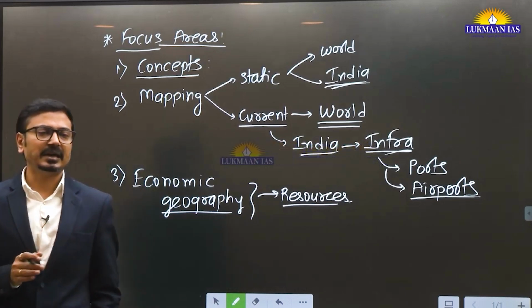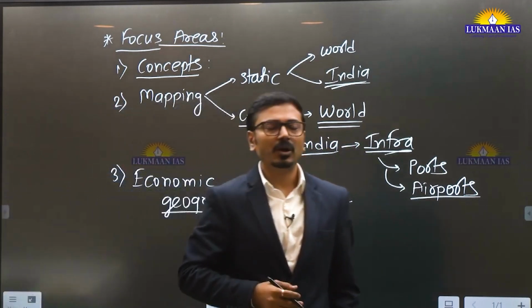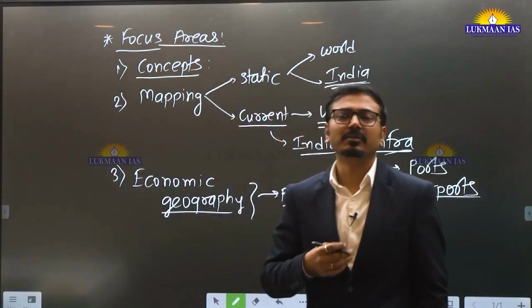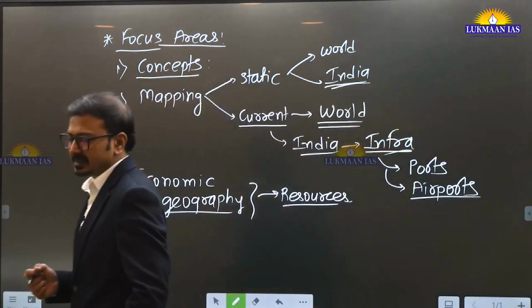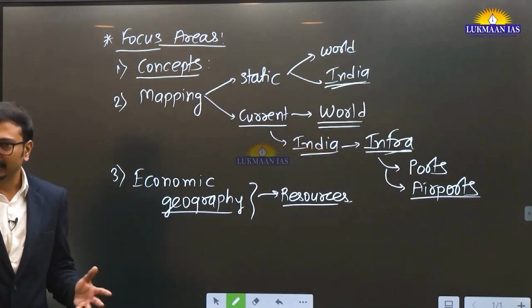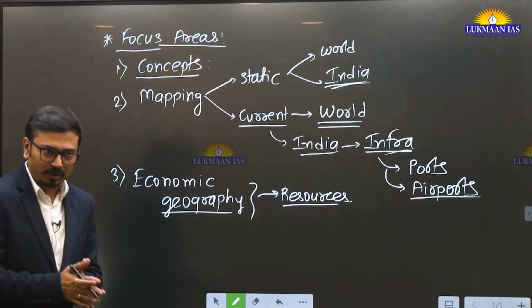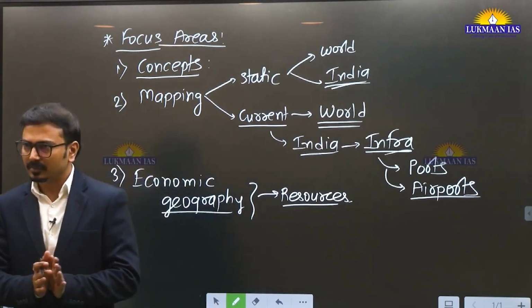Like last year they asked about cobalt reserves in the Democratic Republic of Congo. Or they asked about the ores ilmenite and rutile, the titanium ores. Or this year, what was the question? Cocoa-producing countries, right? The largest cocoa-producing countries they asked. So it is related to economic geography.